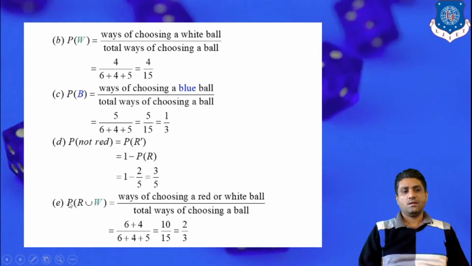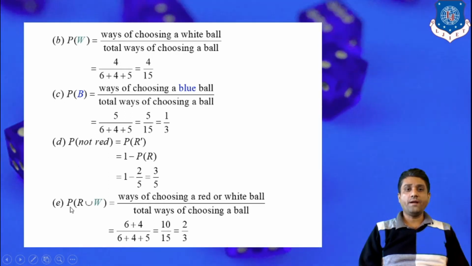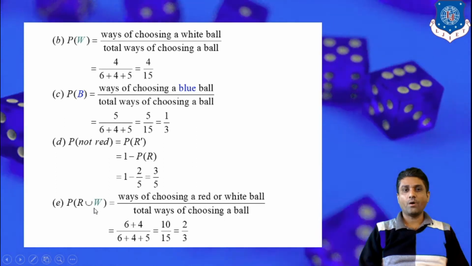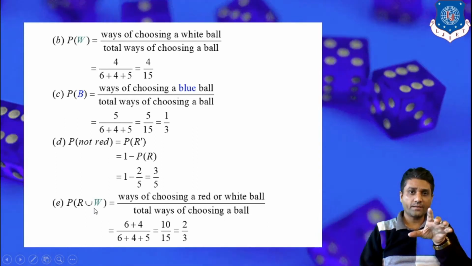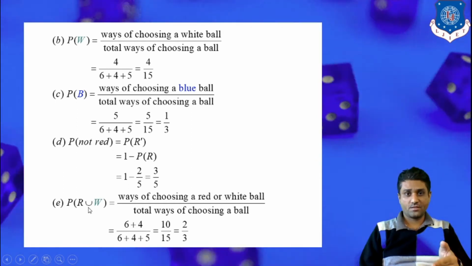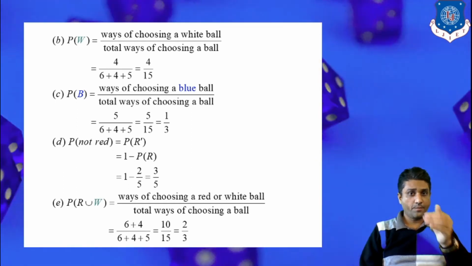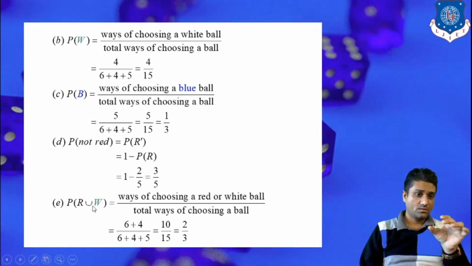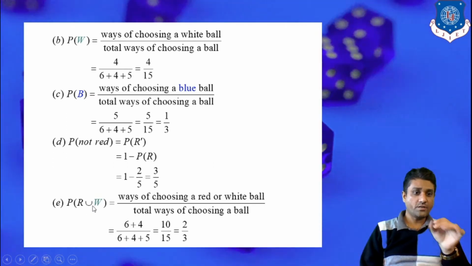And the next option, we have to find the probability of getting a red ball or a white ball. See carefully, the 'or' is replaced by union. These are the terminologies in probability: 'or' is replaced by the set theory notation union.